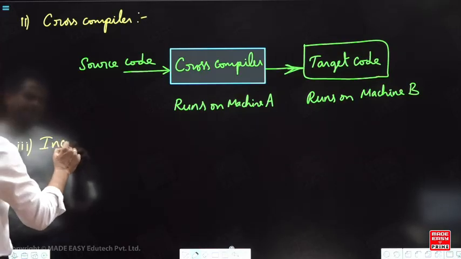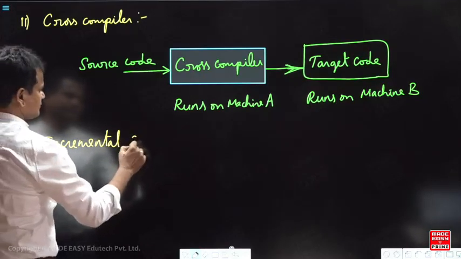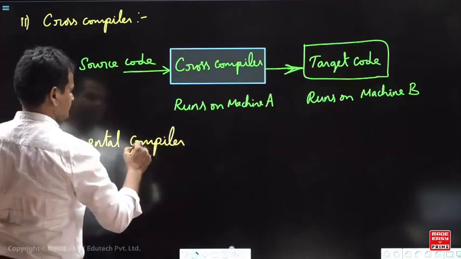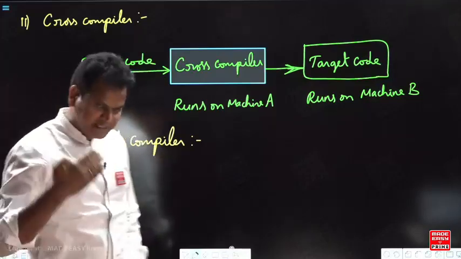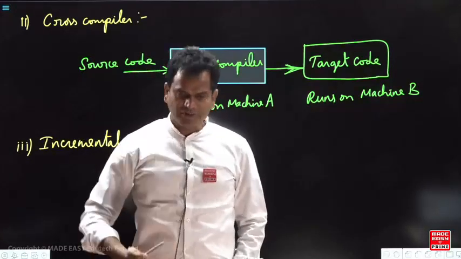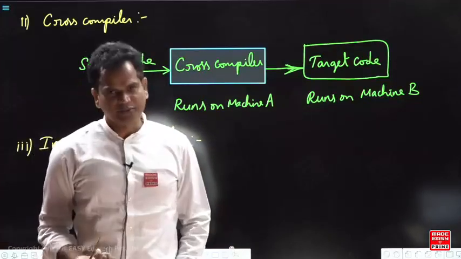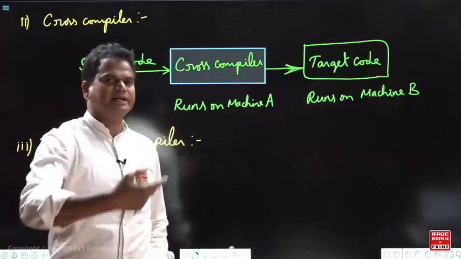Next, incremental compiler. So what is a compiler? It takes the source code and produces the target code. While executing the program, if any errors are there, all those errors will be produced. So we will resolve them one by one, and again we execute.